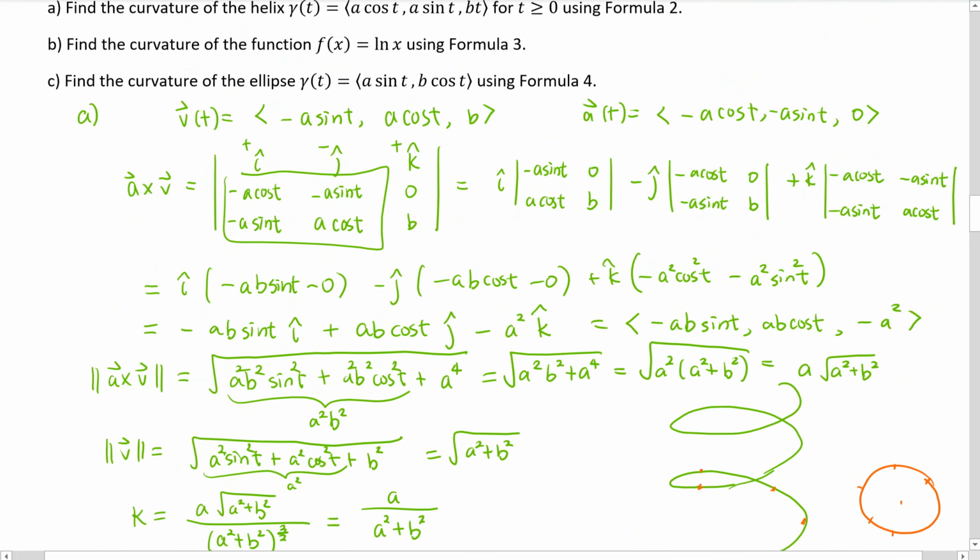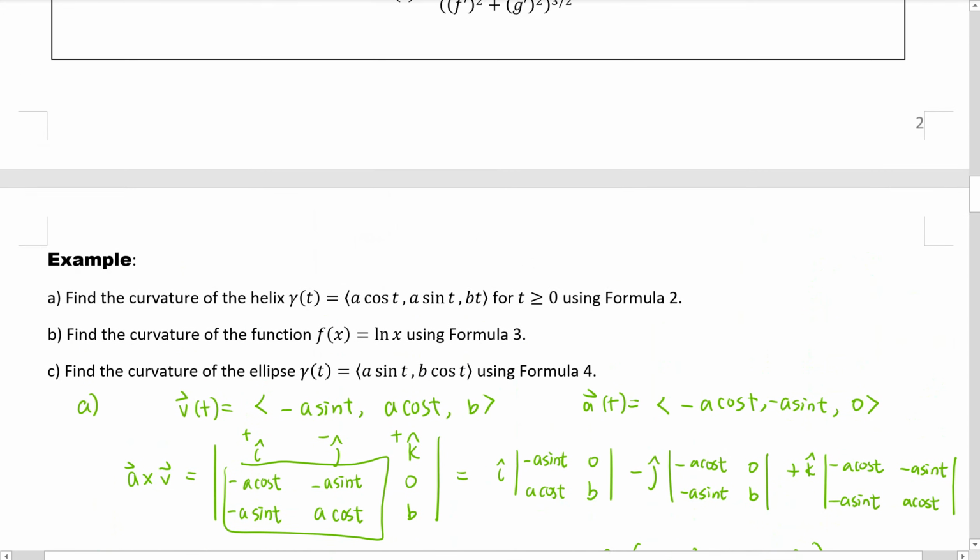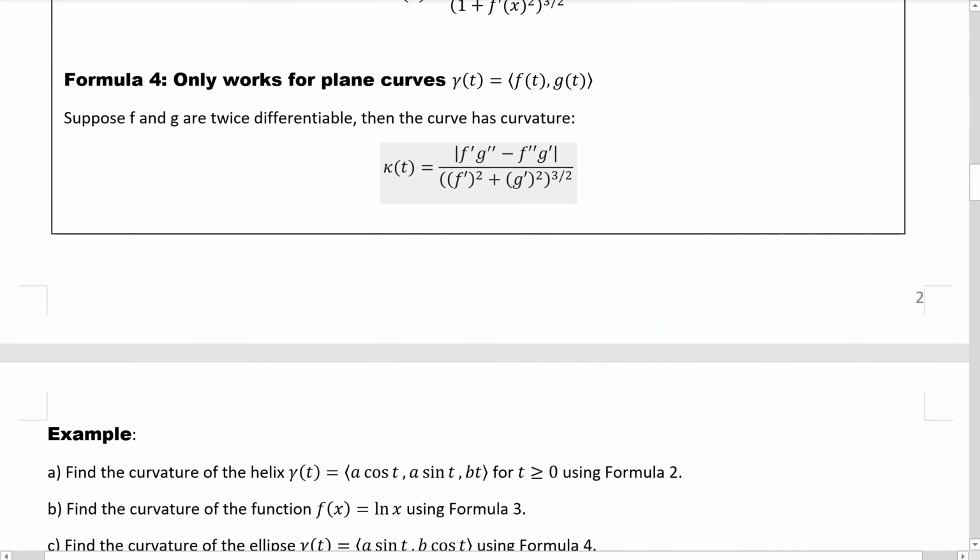Okay, let's continue. Part C, we want to find the curvature of the ellipse using formula 4. This is a parametrization of the ellipse, and we want to use formula 4. So f is the first coordinate function, g is the second coordinate function.